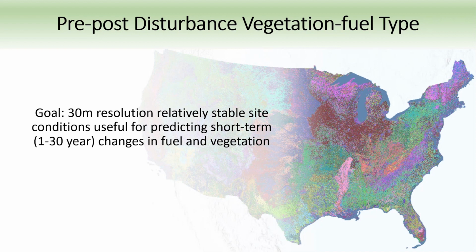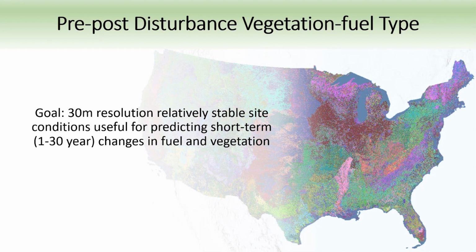And the motivation here was that the existing site potential layers that LANDFIRE had developed were not working as well for modeling current and time disturbance outcomes into the future as Wendell thought they should be.